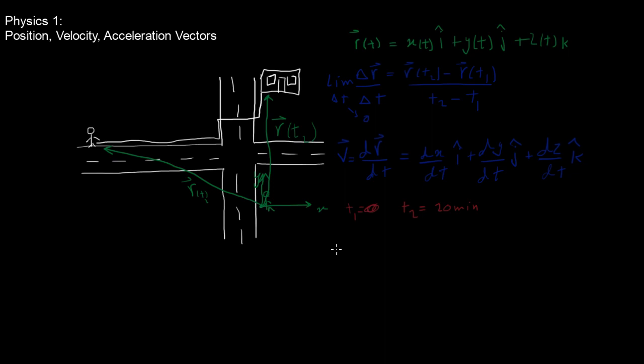Now the average velocity delta v, it's a vector again. We defined it here when the delta t was not 0. So it's r t2 minus r t1. So it's basically this vector. This is r2 minus r1, r2 minus r1 divided by 20 minutes.